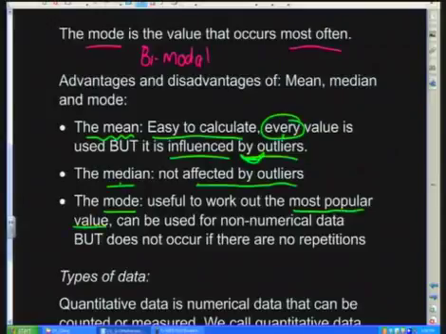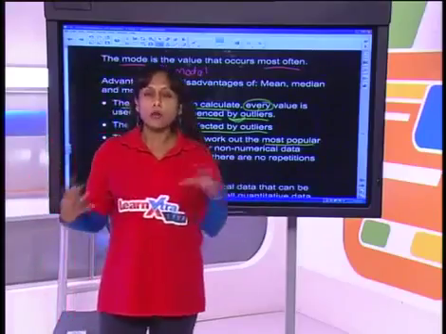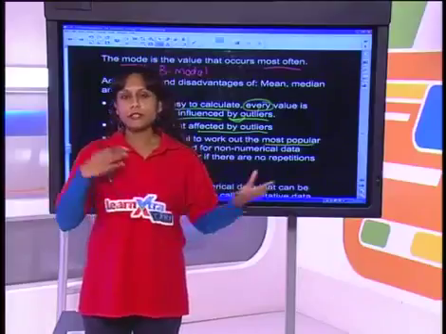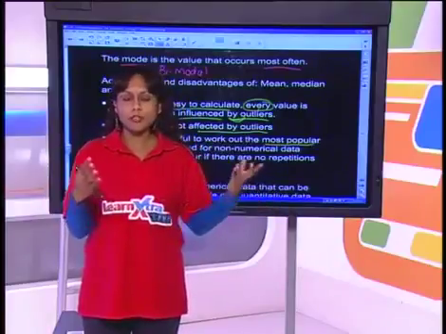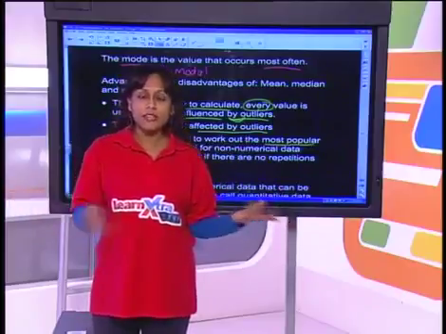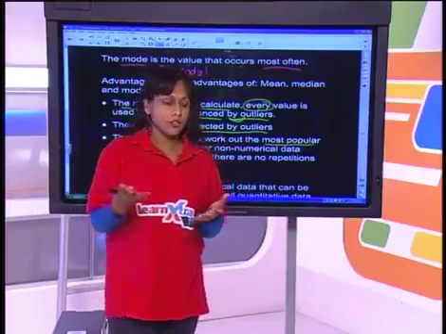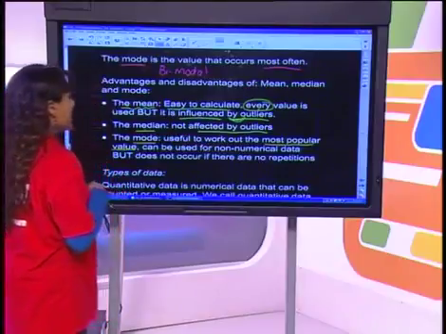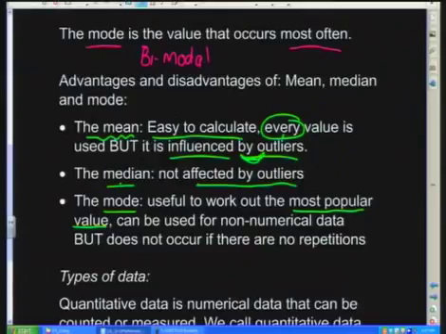So for example, if you were doing a survey, and we're talking about non-numerical data now, so if you were doing a survey and you wanted to know what is the most popular drink that someone drinks, or what is the most popular drink in your school, okay, that's when a mode will be useful. Okay, it can be used for non-numerical data, as I just said, and obviously, very, very importantly, it does not occur if there are no repetitions.